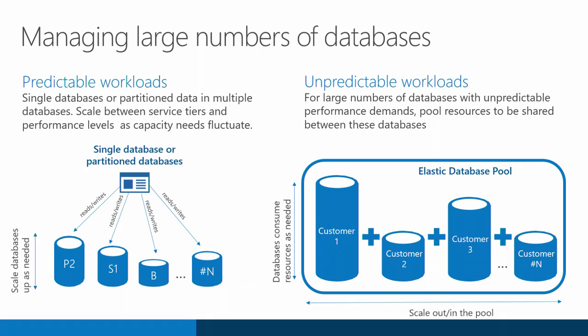Or you're doing software as a service for payroll, and the companies using it have their payroll cycles on different days. They spike up their demand, go quiet for a fortnight, and then spike up again. So sizing your individual databases can get a bit tricky.